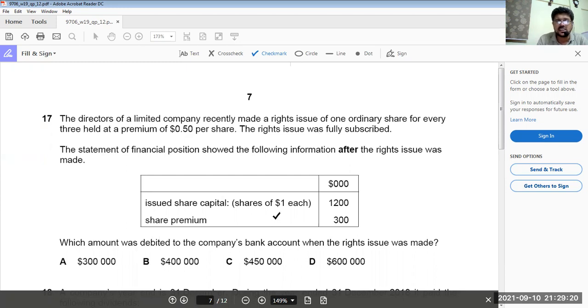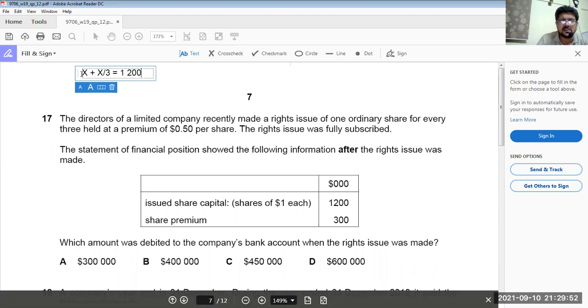This question needs a little more effort. Let me tell you. If we take x as the issued share capital before the rights issue, plus x upon 3 for the rights issue, the total issue would be 1,200. Getting my point here?